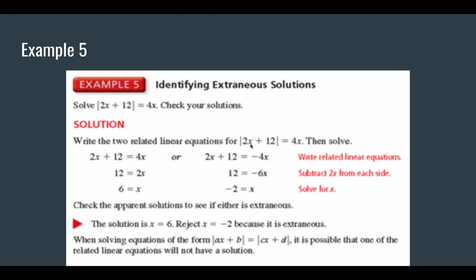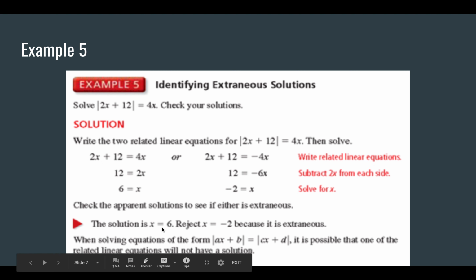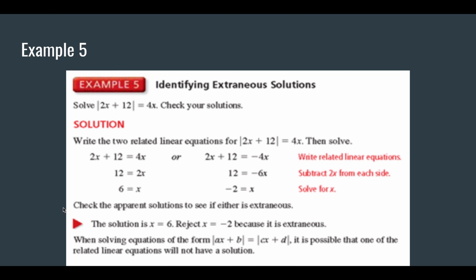We check by plugging it back in, and if we do that, the solution is only x equals 6, because if we try to plug in x equals negative 2, it doesn't work out. When solving equations of the form absolute value of ax plus b equals absolute value of cx plus d, it is possible that one of the related linear equations will not have a solution.